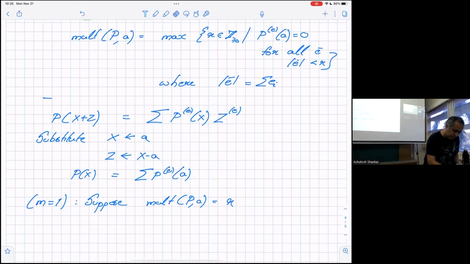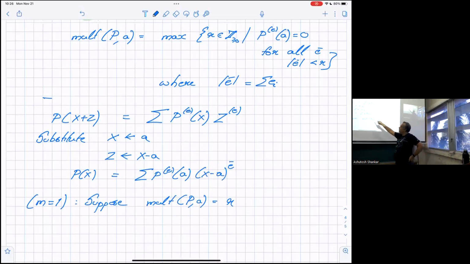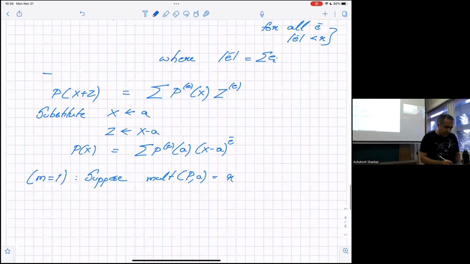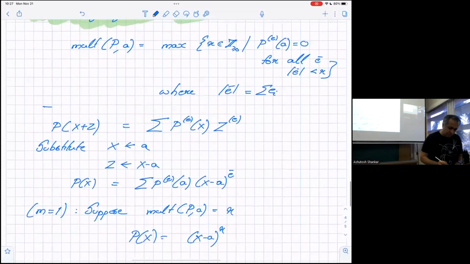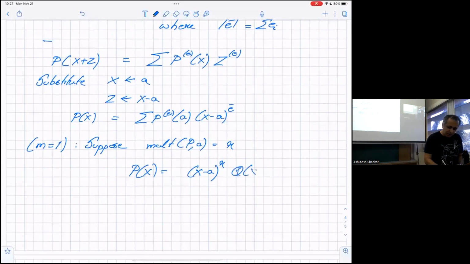That is x minus a to the power E. All the lower order terms are zero, so P of x will be (x minus a) to the power r times some other polynomial Q of x.